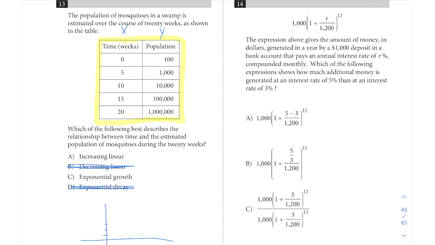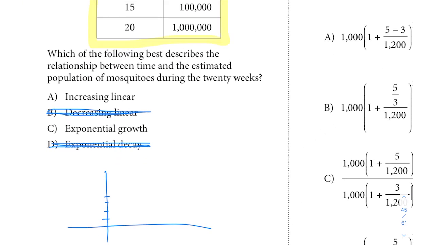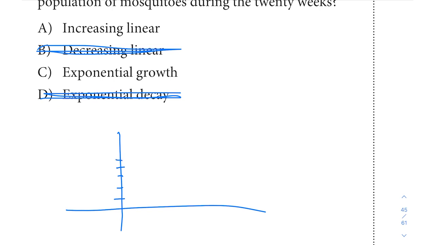And here, if you were to do 0 and 100, so if we mark these off by hundreds, 1, 2, 3, 4, let me zoom in down here a little bit, 5, 6, 7, 8, 9, and 10. So that would be 1,000, and that would be 100.